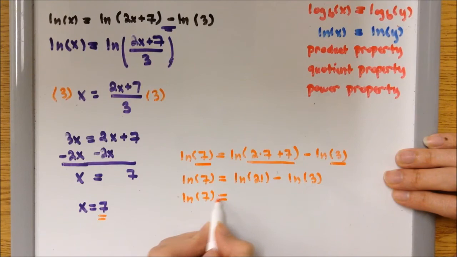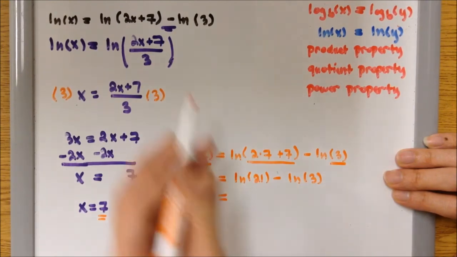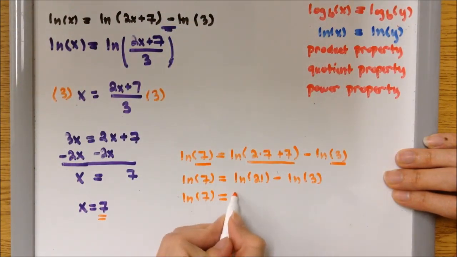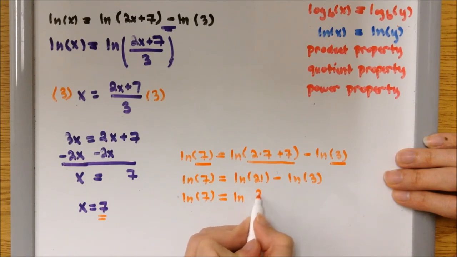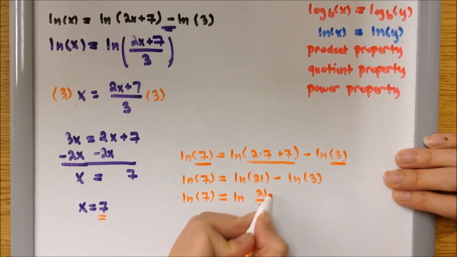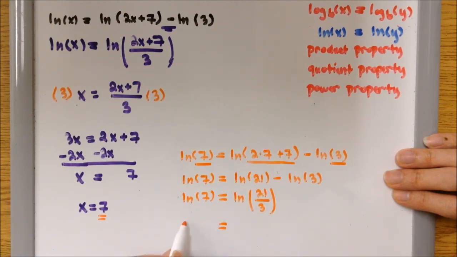Now to check if they're equal to each other, since again we have two separate natural logs, we can apply the quotient property because it's minus to combine as 1. So what comes first is 21 as the numerator, and what comes second is 3 as the denominator. So now we got a single natural log on the right side. Bring down the left side, and then here work out what's on the inside.